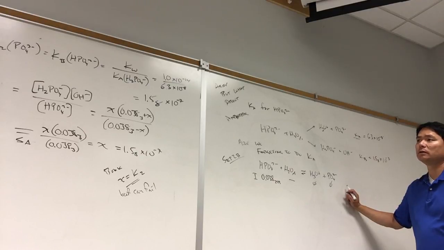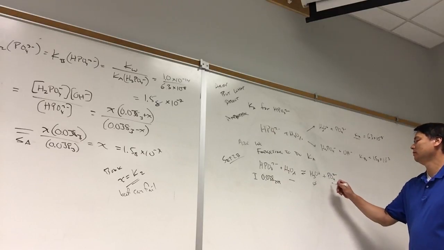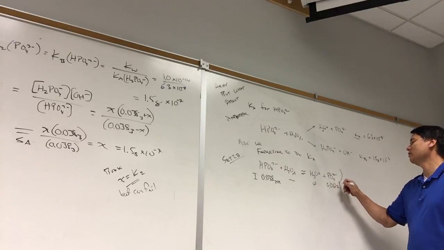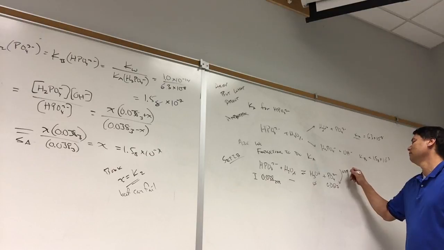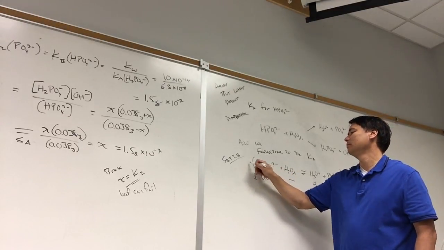Oh, do I? Yeah, you have 0.0617 more. Oh, you're right. I did have phosphate. How much is it? 0.0617. This is all the way from step 1, this is from step 2.